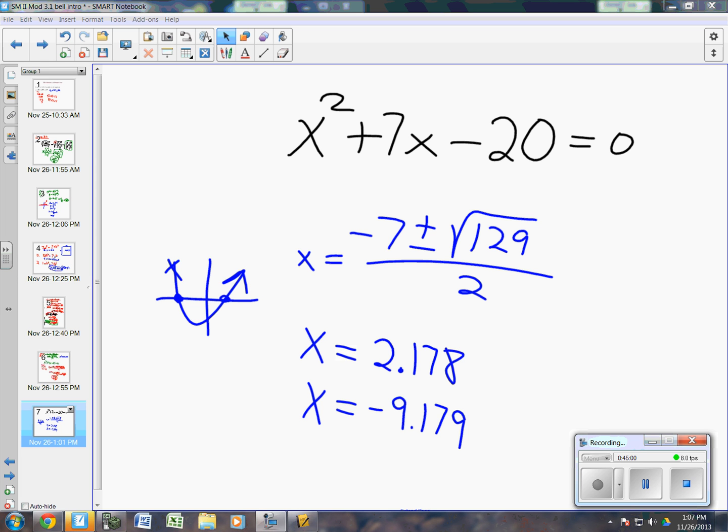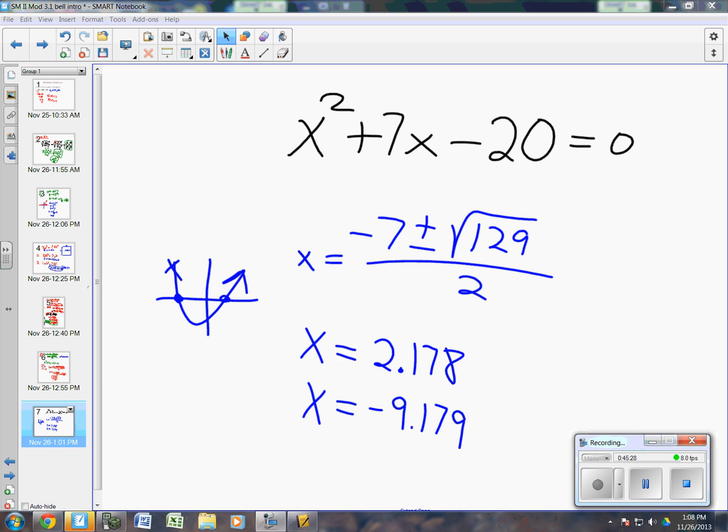Problem 7 and 8, I want you to find that, and I want you to see if you can figure out the x-intercepts just by following what they did up there. If you want to use the quadratic formula on there to do part D and E, go ahead. Okay? On 7 and 8.